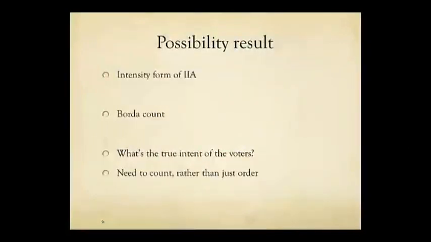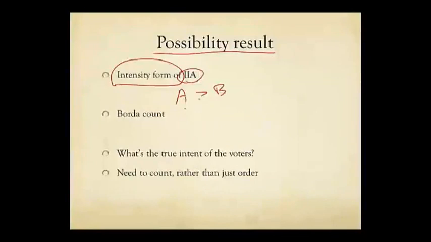And indeed, later researchers such as Saari have developed possibility results by modifying this IIA. For example, the so-called intensity form says not only do I keep track of the relative comparison pairwise between A and B, but I also write down the number of candidates that are in between A and B, which could be 0 or 1 or some number up to n minus 2.